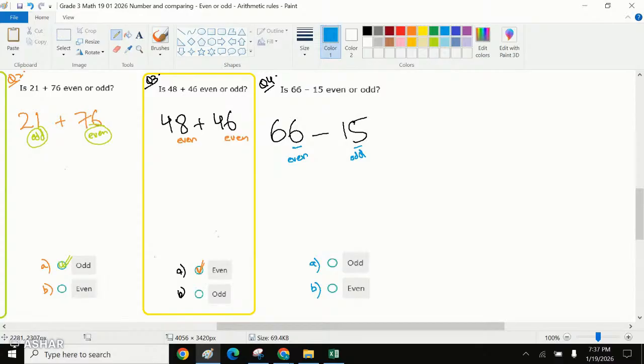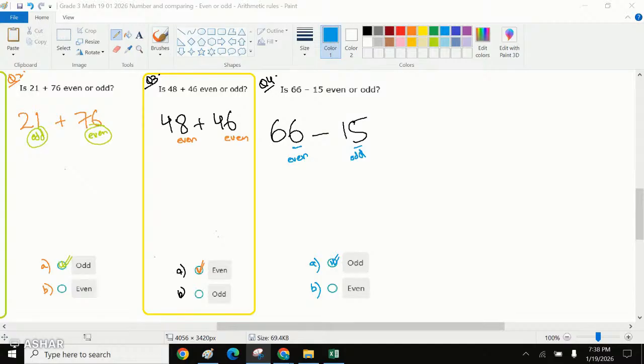When both the values are not of the same type, 66 is even, 15 is odd. Yes, thank you, May. It would be odd. Unless they are the same type, even and even, or odd and odd, it would not be even. If one is even and one is odd, the result would always be odd.